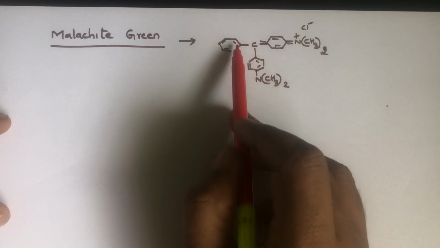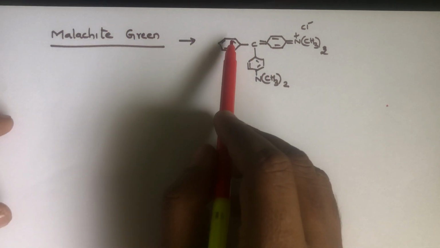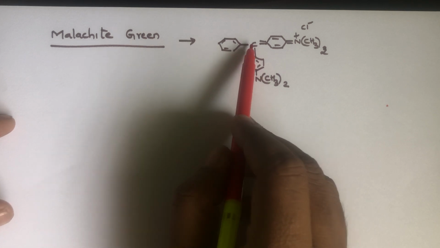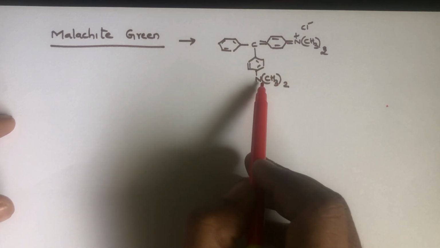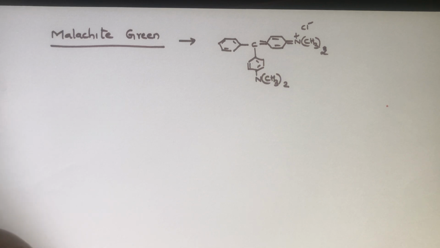One molecule of benzaldehyde will work out, because we require three phenyl groups: one will be from benzaldehyde, two will be from the N,N-dimethyl amine. Simple condensation in presence of H2SO4 will do the work.